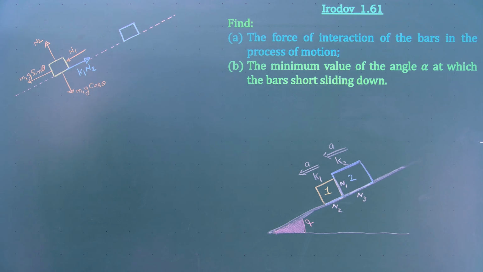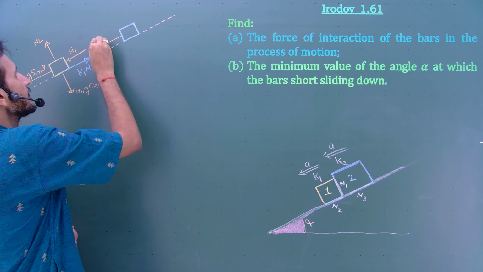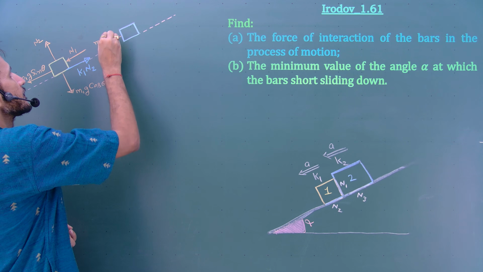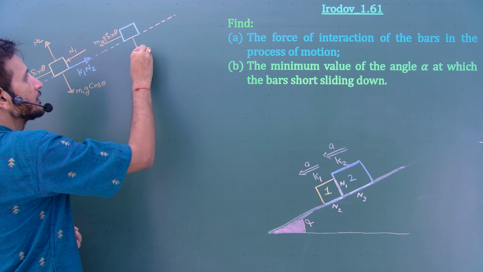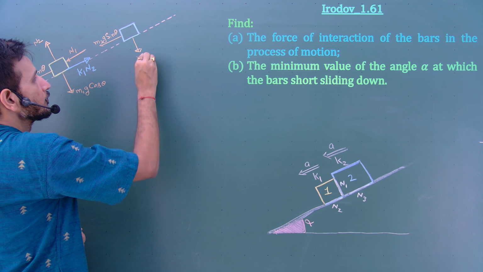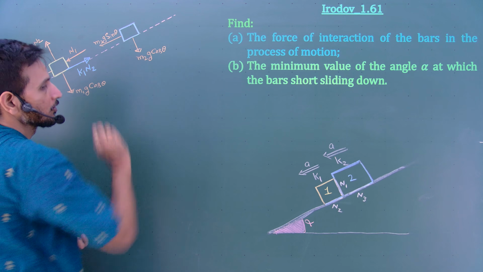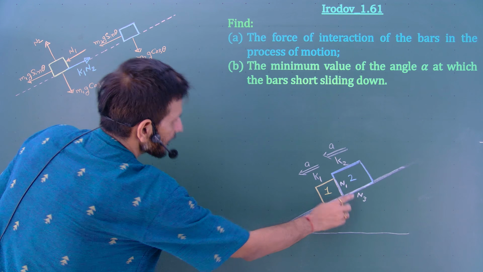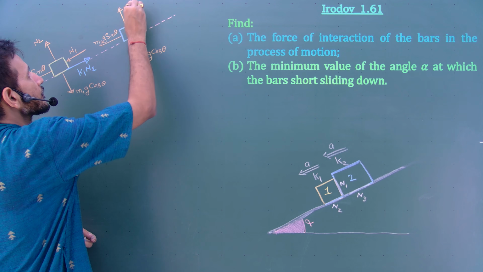Now what is the equation for block 2? The component of mg in this direction is m2g sin theta. The component of mg in this direction is m2g cos theta. The normal on block 2 by the inclined plane is N3 in this direction.